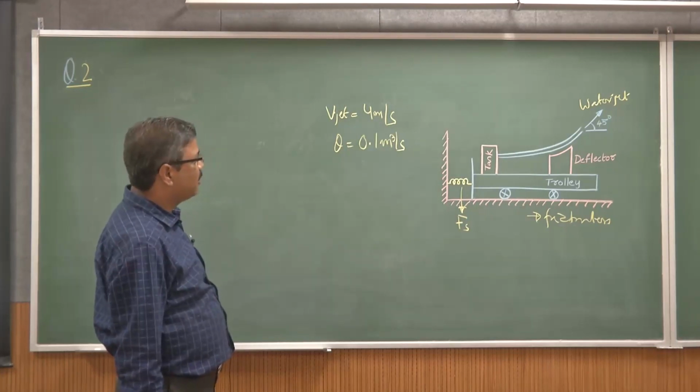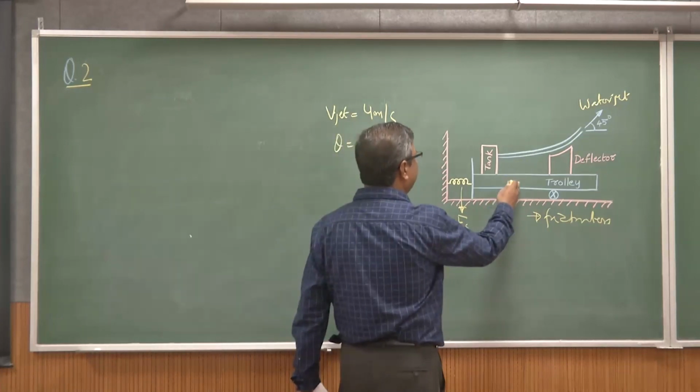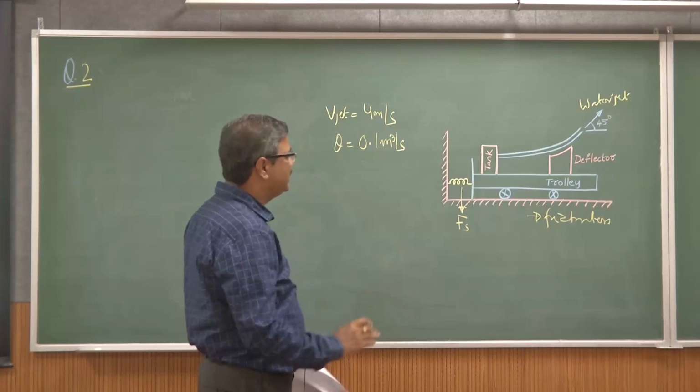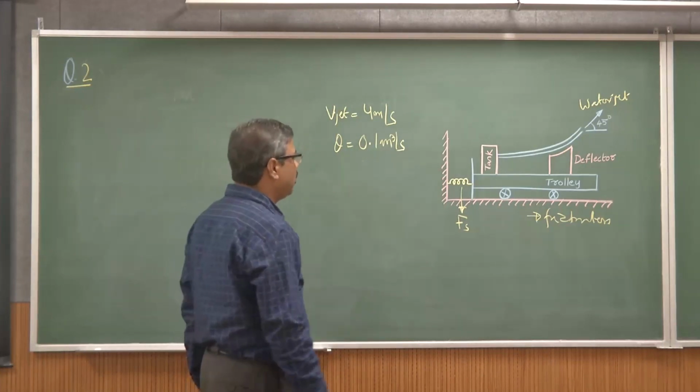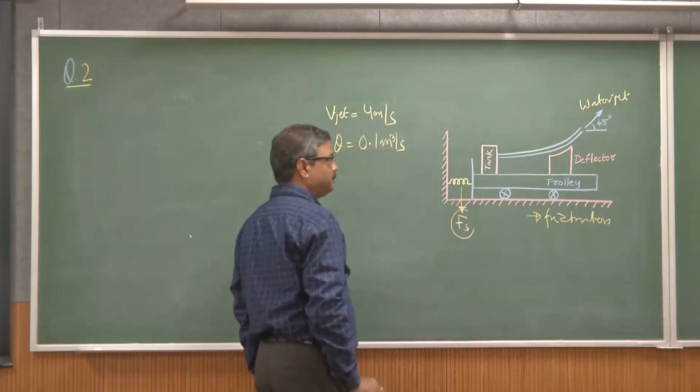If you look at these problems, even though it looks complex with the trolley, the water tank, the deflectors and the spring, it's a very easy problem because we need to compute what will be the force acting on this spring.